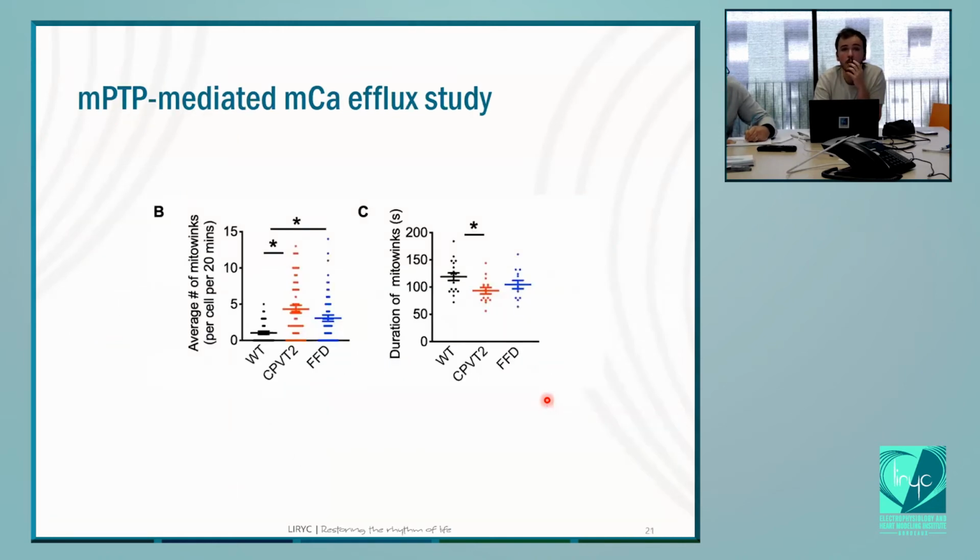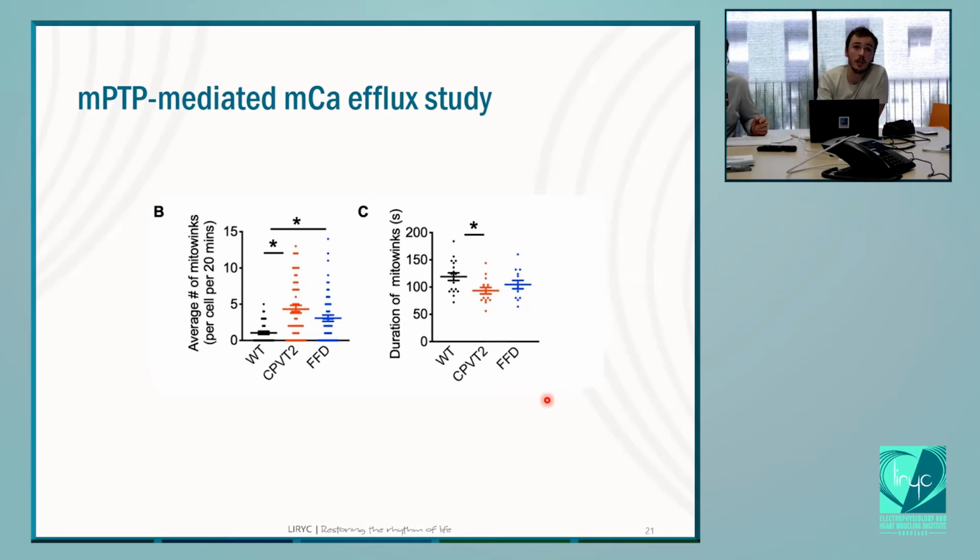And to try to understand this, they will measure the mito-flashes. So what are the mito-flashes? Mito-flashes are the transient depolarizations of some mitochondria. When you have a mito-flash, it is because the MPTP opens transiently.